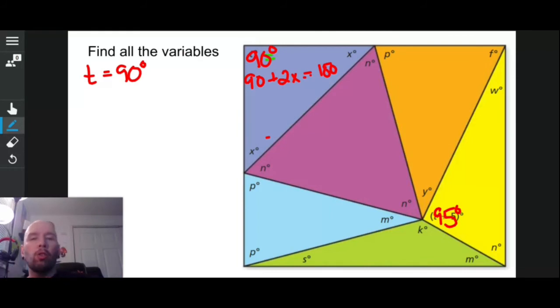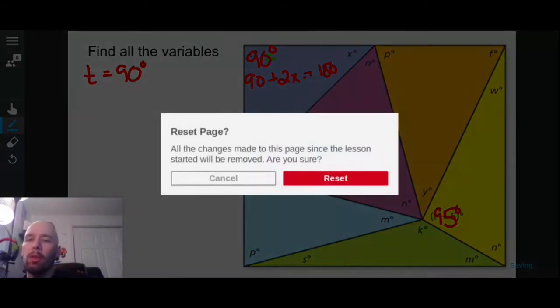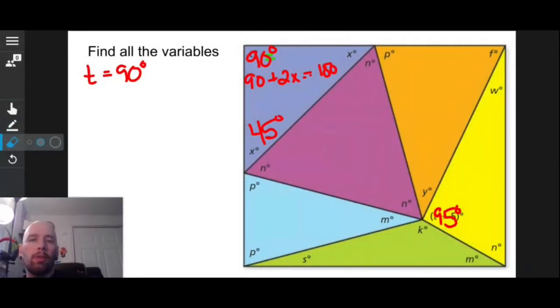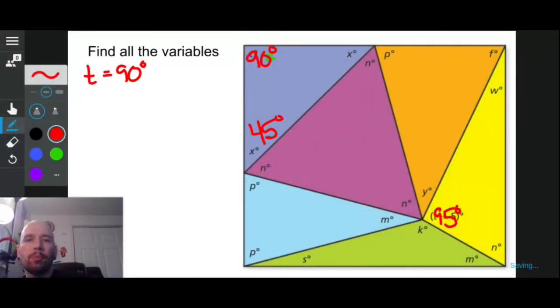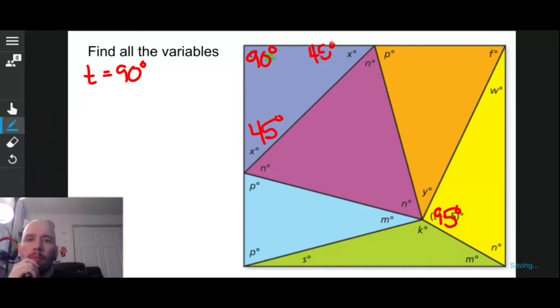Divide both sides by 2, and every x is going to equal 45. So there's a second letter, 45. Every x is 45. So I'll write that out.